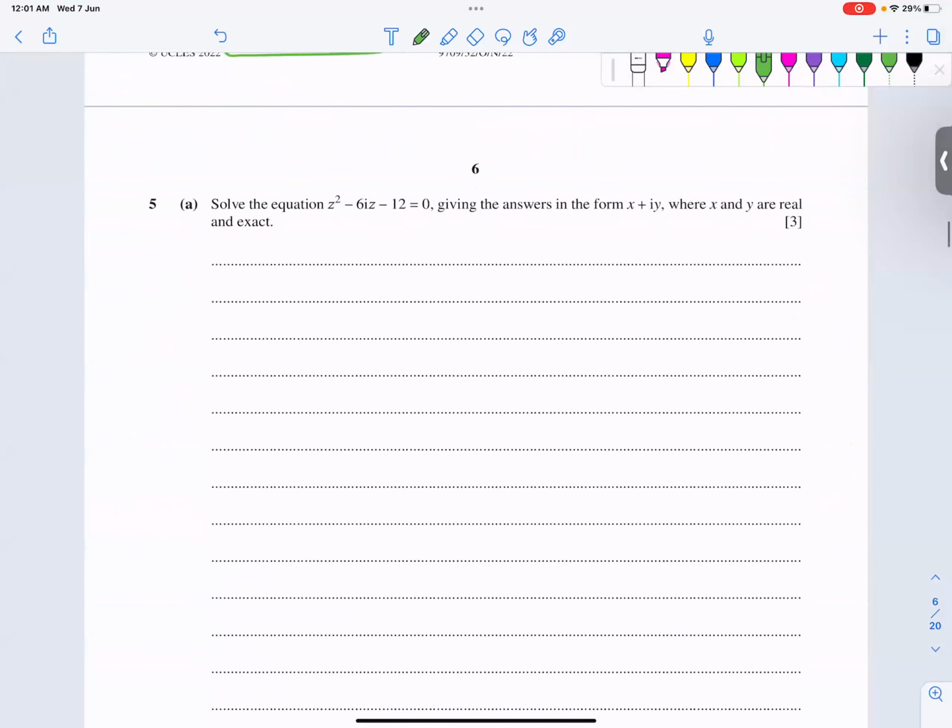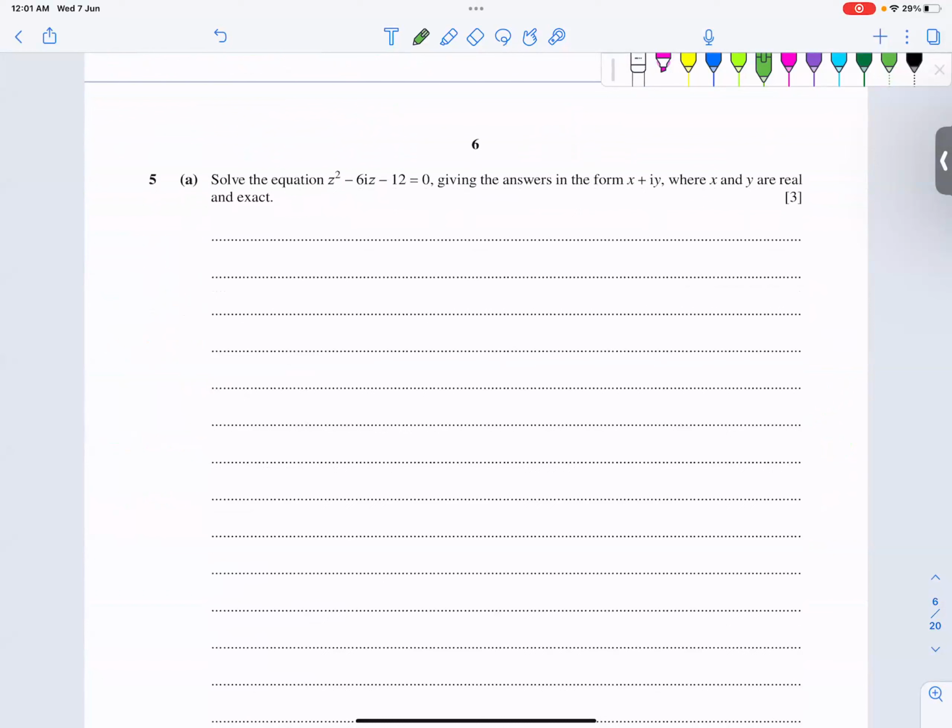Now the question 5. Solve the equation z square minus 6iz minus 12 is equal to 0. This is clearly a quadratic equation and you have a best method to solve this equation, and that is the quadratic formula. The quadratic formula is minus b plus minus square root of b square minus 4ac, divided by 2a.